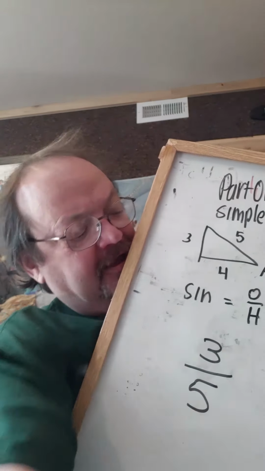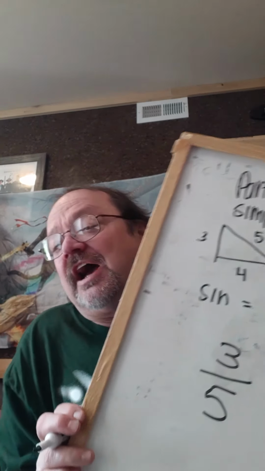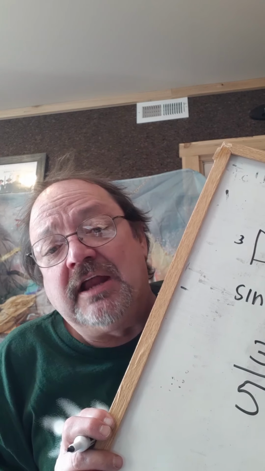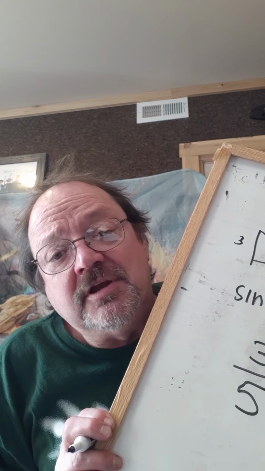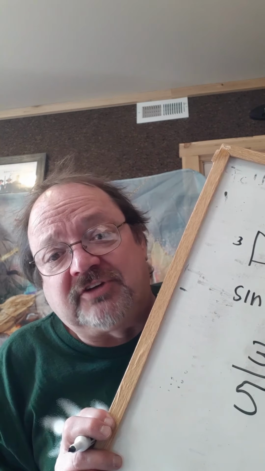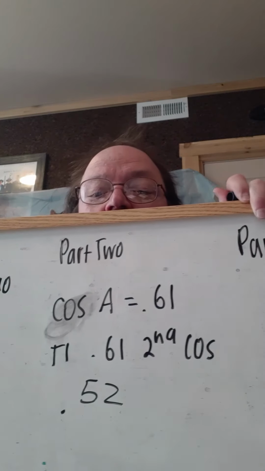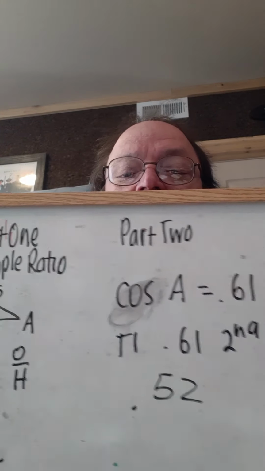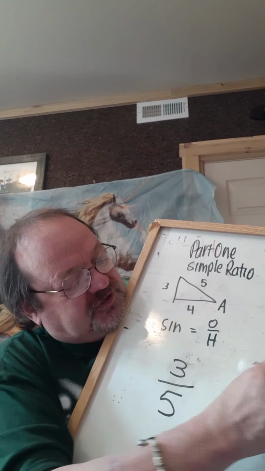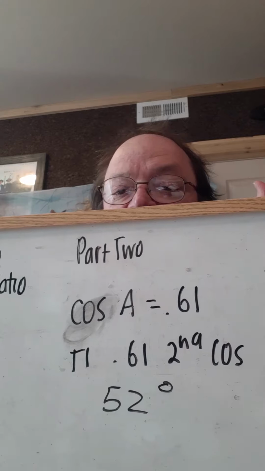Now on your Casios, you're actually going to hit second function cosine, and it's going to give you a parenthesis. Then you put 0.61, parenthesis, equal sign, and you should get the same answer. Cosine equals 52, not 0.52, but 52 degrees with some change on the side.